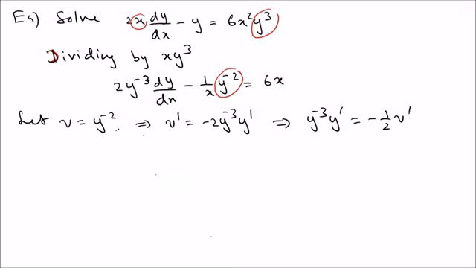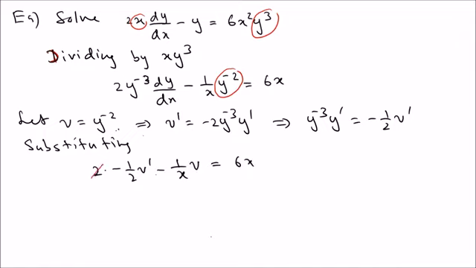And now we can substitute that. So by substituting 2 times negative 1/2 v prime, and then minus 1/2 v equals 6x.